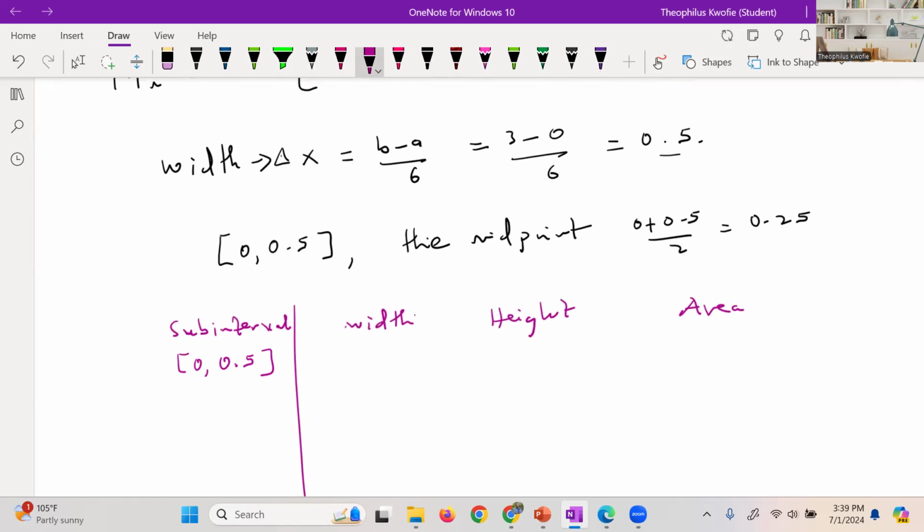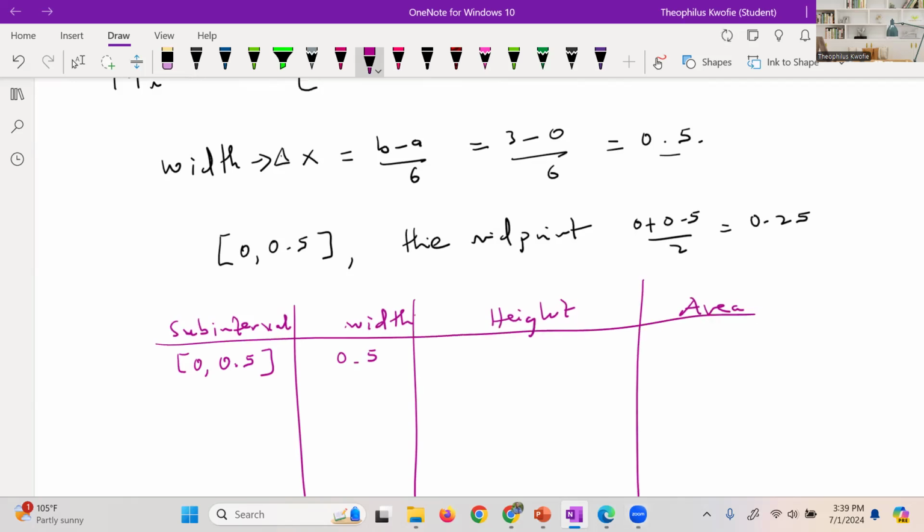And then the width, we all know, is 0.5. And then what becomes the height? Within this sub-interval, we found a midpoint, and the midpoint we already found to be 0.25.